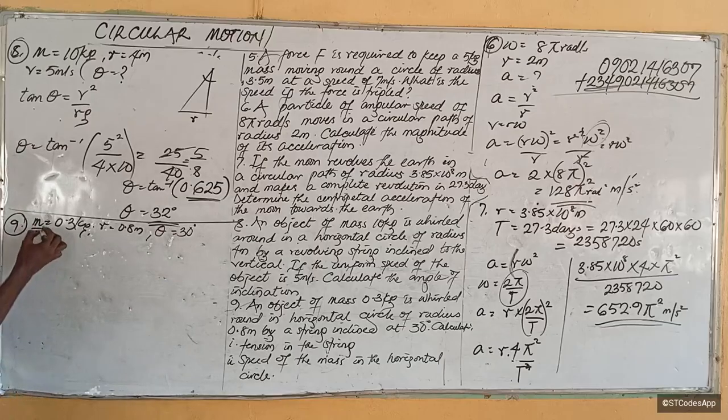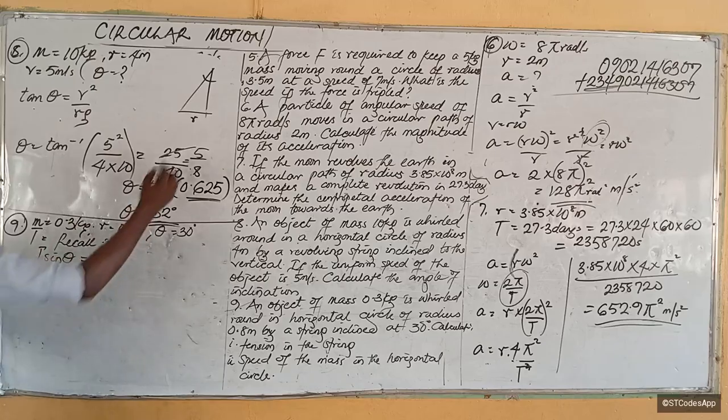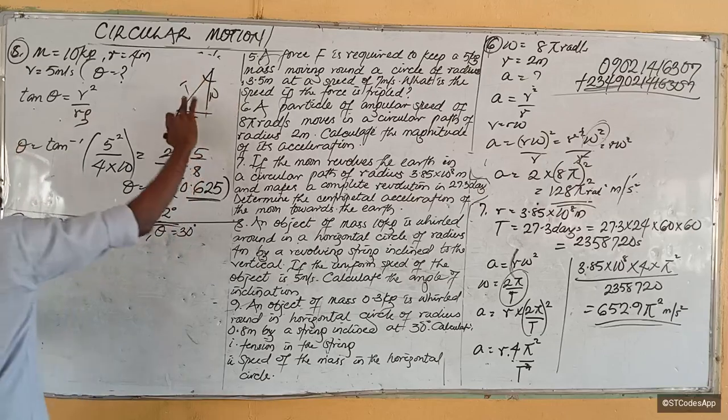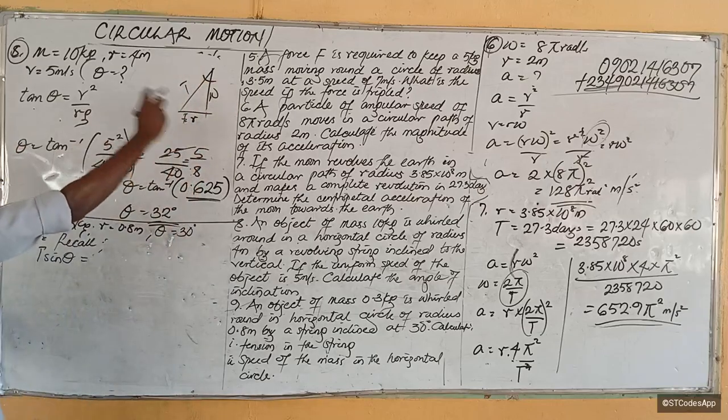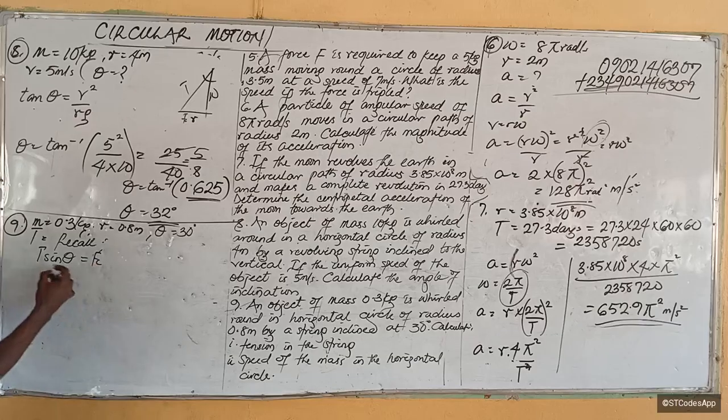Very simple. Tension in the string. Simply recall that T sine theta, if F c is here, T is here, weight is here, so T sine theta will be opposite over hypotenuse. That is F c, right?